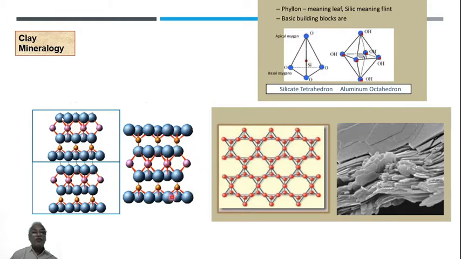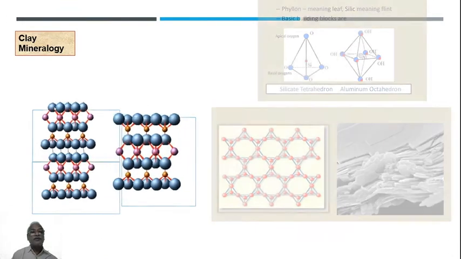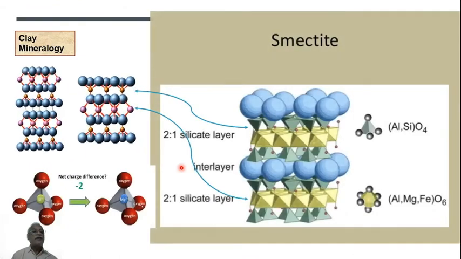This is called two-to-one. Two silica tetrahedron sheets are sandwiching the alumina octahedron sheet. Okay, that is the alumina octahedron sheet. Now it is like this, right?